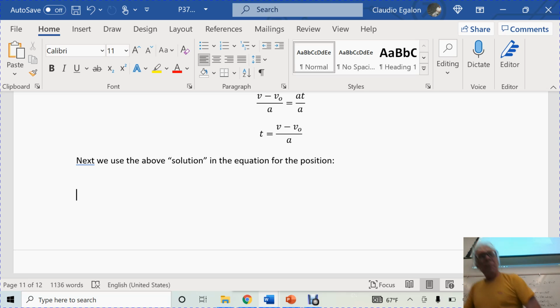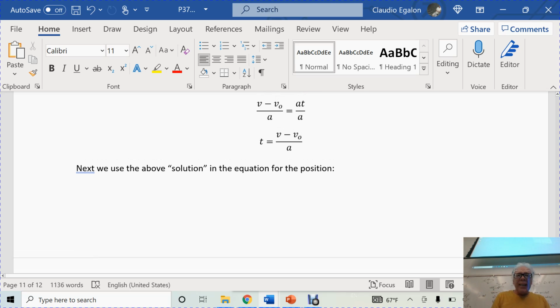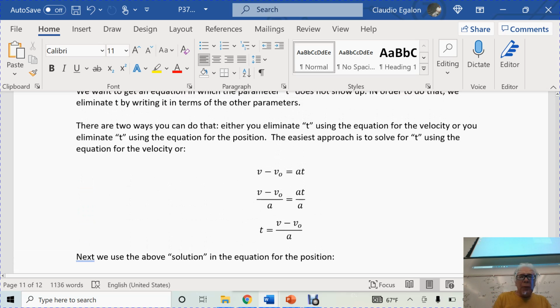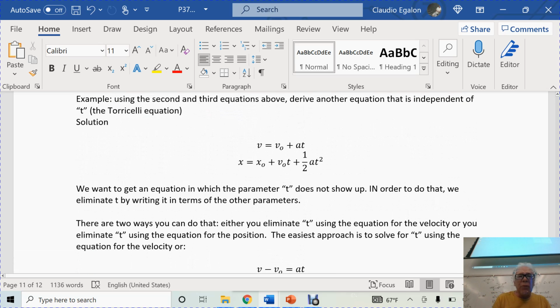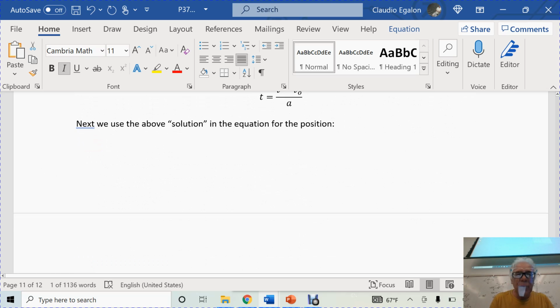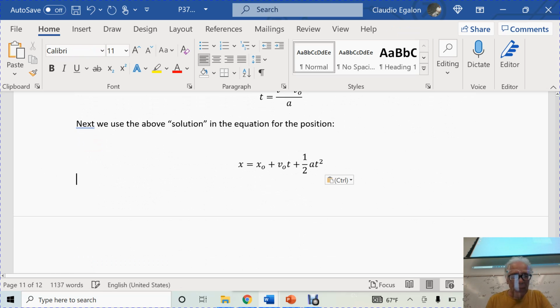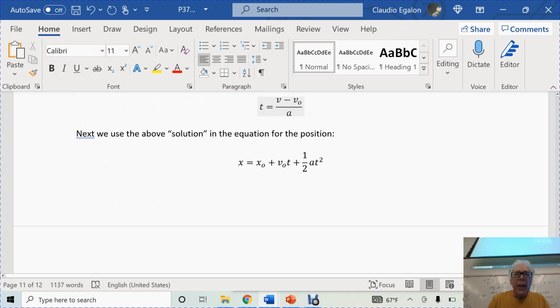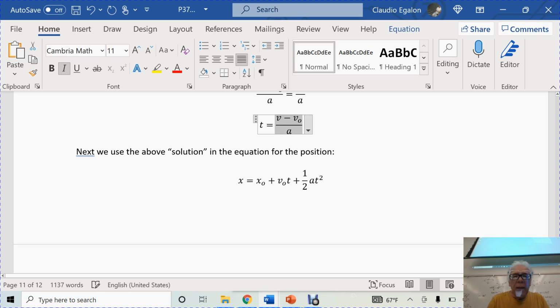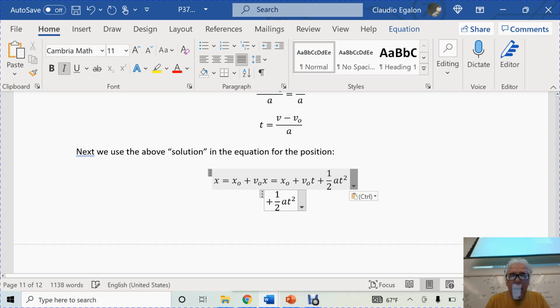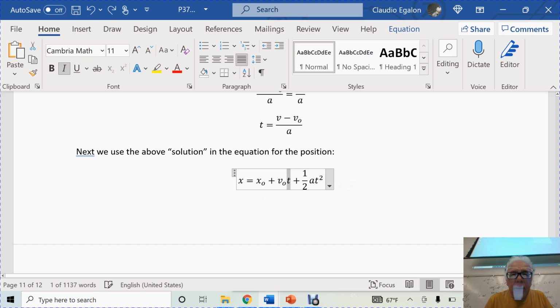Here you go. But how do we do it? The solution is like that. We get this one, and we substitute in the equation for the position. Substitute here for t. Oops, I did it the wrong way.